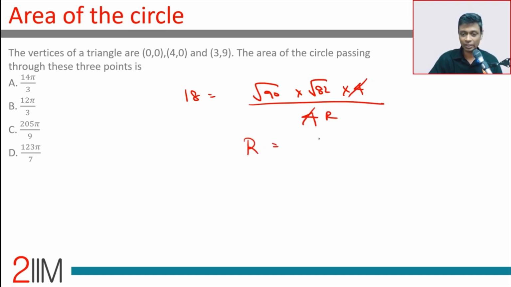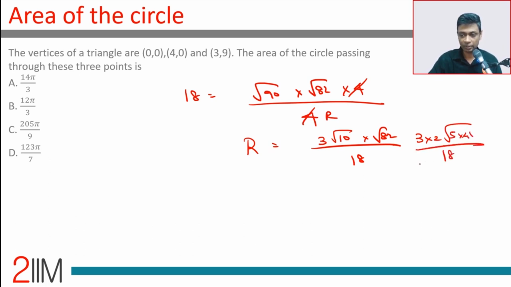Just take out a 9. 3 times root 10 into root 82 by 18. Root 10, root 82, take a 2 from here, take a 2 from here. 3 into 2, root of 5 into 41 by 18. 3 into 2, 6, 6 by 18 is 1 by 3. So, circumradius, square root of 205 by 3.